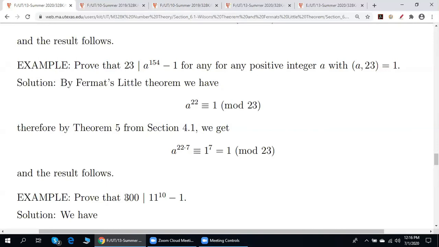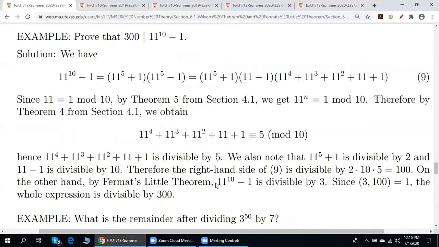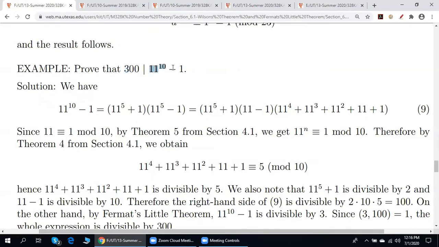Indeed, in order to prove that 300 divides this, let us prove that 3 divides this. We will do it at the very end of the proof. Right now, let us show that what is written here is divisible by 100.